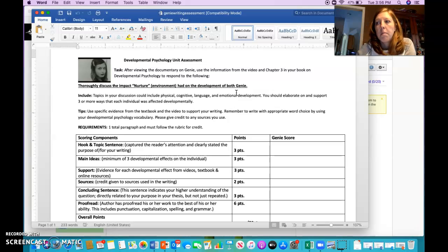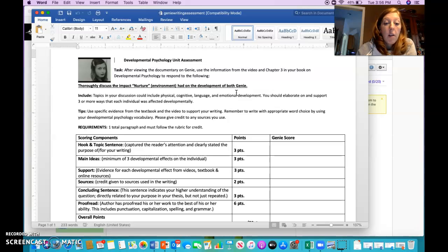Nature is what we're inherently born with, and we looked at some psychologists, some of whom believe that parents don't really have a big factor here, that we supply the genetics, but that really it's our peer group, our environment, the nurturing that we get that has a lot to do with development. So this paragraph is really examining the impact that nurture or the environment has had on the development of Jeannie.